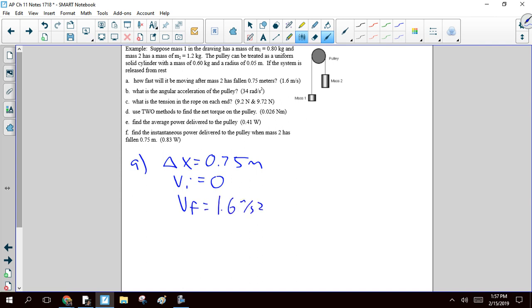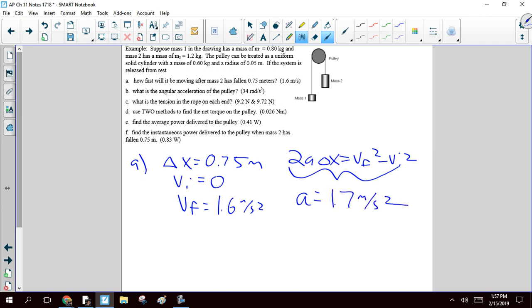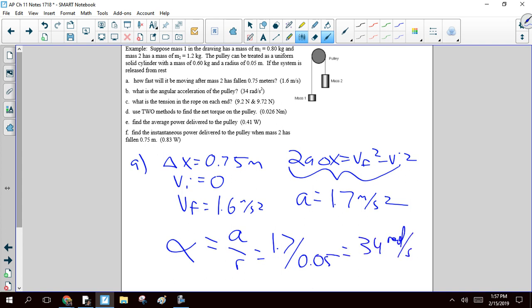So I think we can use this to calculate our linear acceleration, and if you do that, you end up getting pretty close to 1.7 meters per second squared. Then you can use a over r to find your angular acceleration. 1.7 over the radius of the wheel, 0.05, gives you 34 radians per second squared. So that's part B.